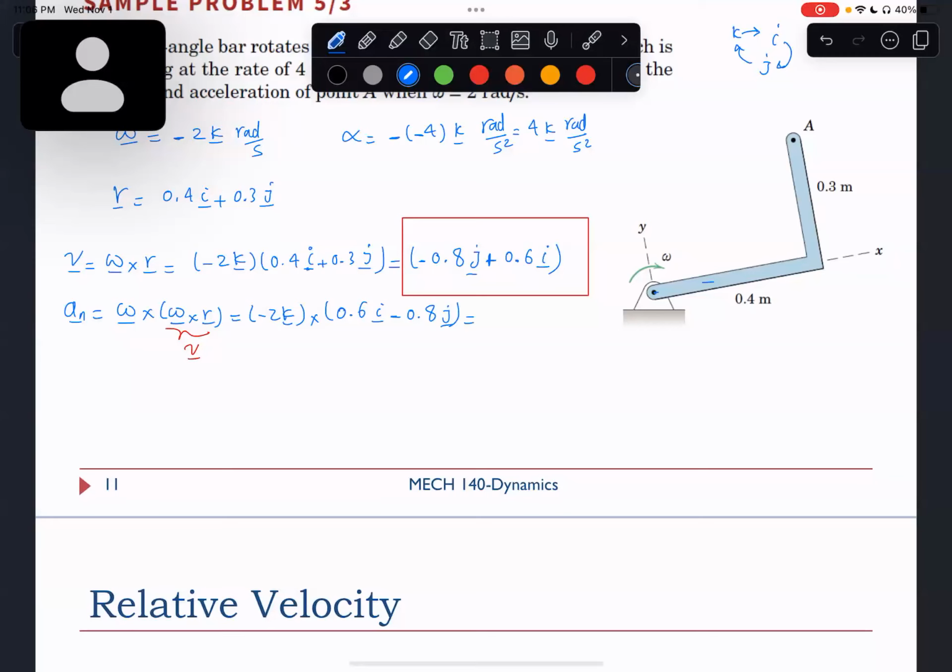Okay. So minus 2k cross 0.6 i, that's minus 1.2 j. Minus 2k cross minus 0.8 j is going to be negative 1.6 i. Okay.